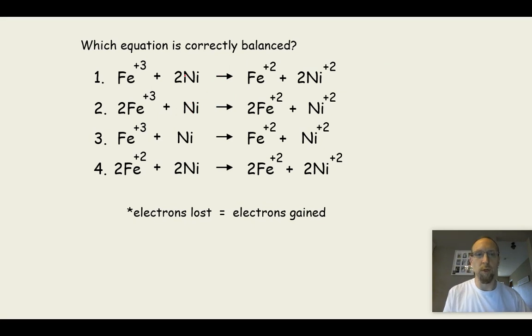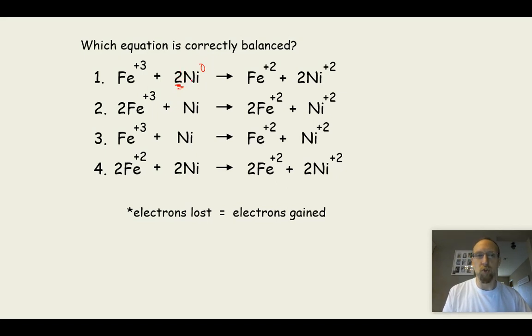So there's 2 nickels. So nickel is going from 0 to plus 2. All right, so that's a loss of 2 electrons. But there are 2 nickels. So you want to multiply the number of atoms or ions by the number of electrons lost or gained.